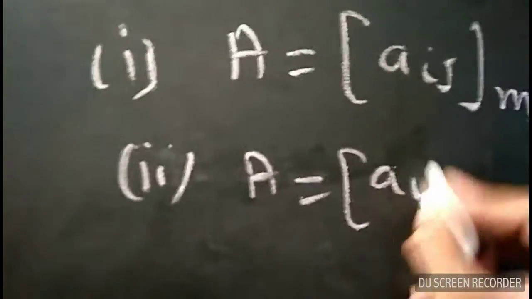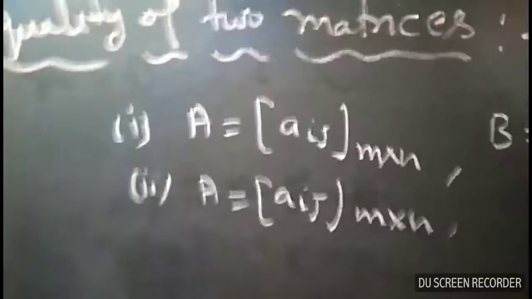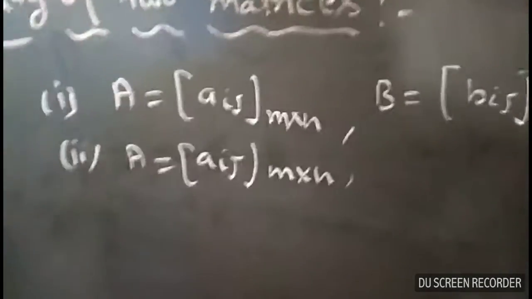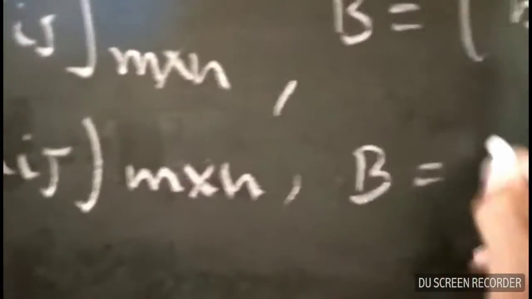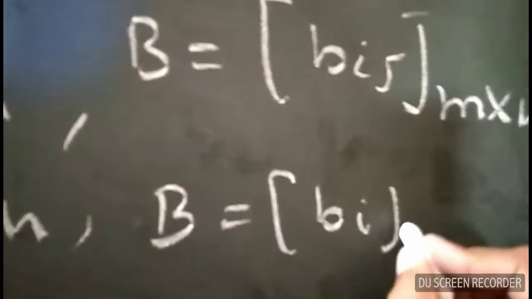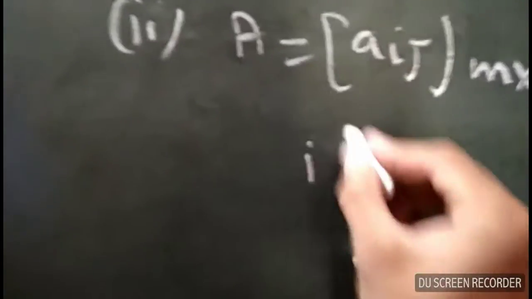That is, we say the matrix A equal to Aij of m cross n, and B equal to the matrix Bij of m cross n, that is the order of both matrices are the same, then we say that matrix A is equal to matrix B if and only if the corresponding elements of both matrices are the same.